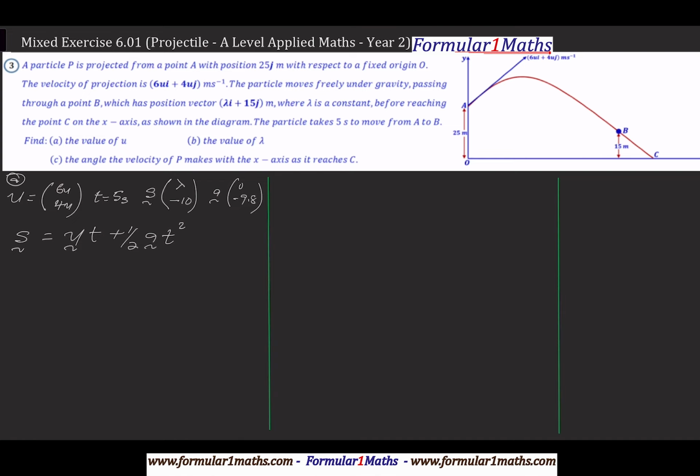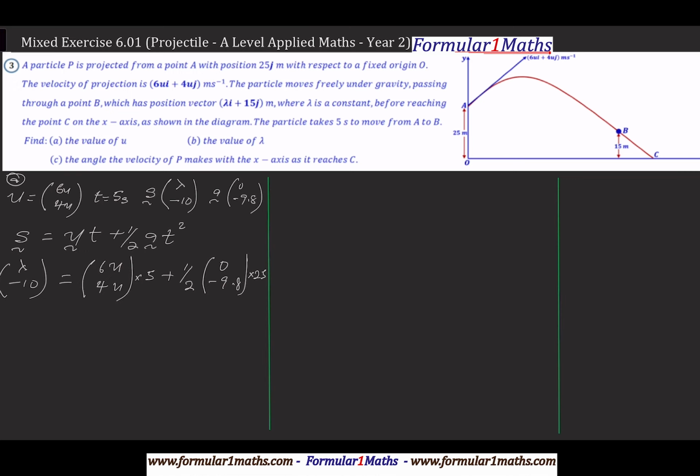We can do our substitution and get lambda minus 10 is equal to 6u, 4u times 5 plus half bracket 0 minus 9.8 times 25, which is t squared.